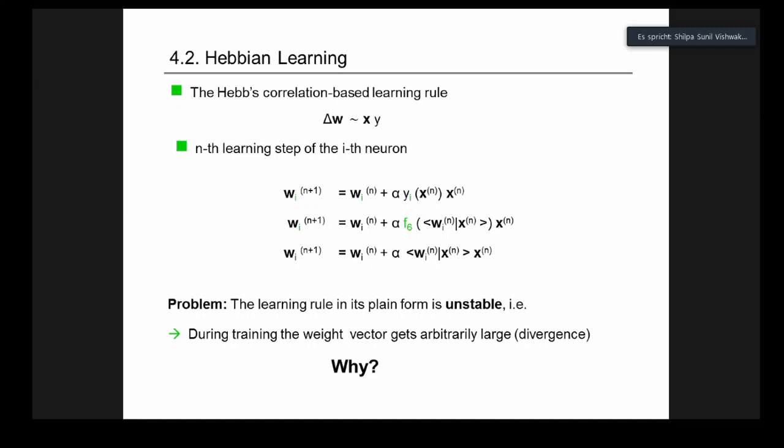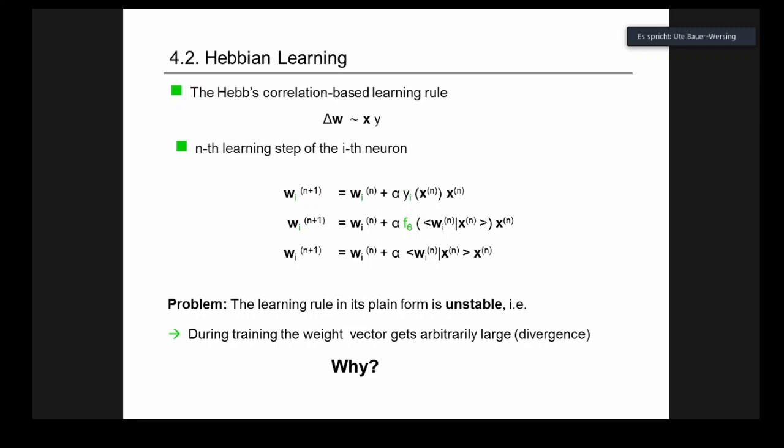Professor, in this nth learning step, for example, if the machine has learned in the fifth step only, what will be the terminating point of this? Like we don't want to go till nth, right?